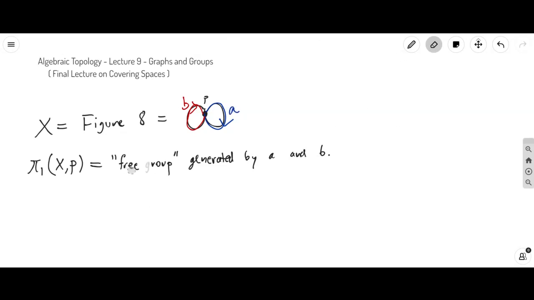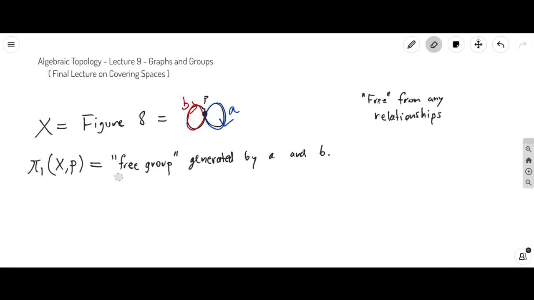So what do we mean by a free group? It just means that it's free from any relationships. There is no relationship that exists between A and B. Intuitively, that makes sense because there's nothing you can do with A to move it over to the other side.